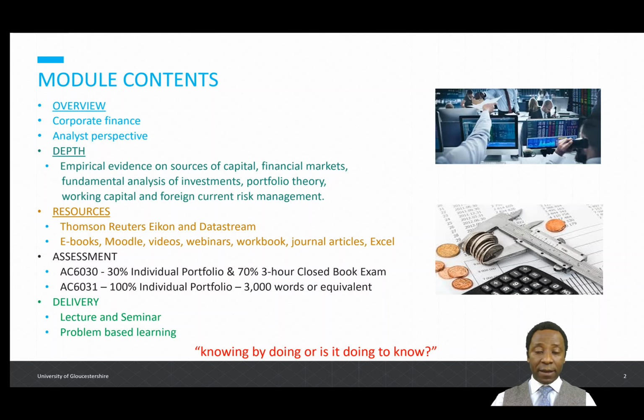So if you were part of a finance team inside an organization, what are some of the tools, the techniques, the concepts, the approaches that you would take when you come to make choices that would enhance the value of the firm? The other perspective is to take an external perspective of an analyst.